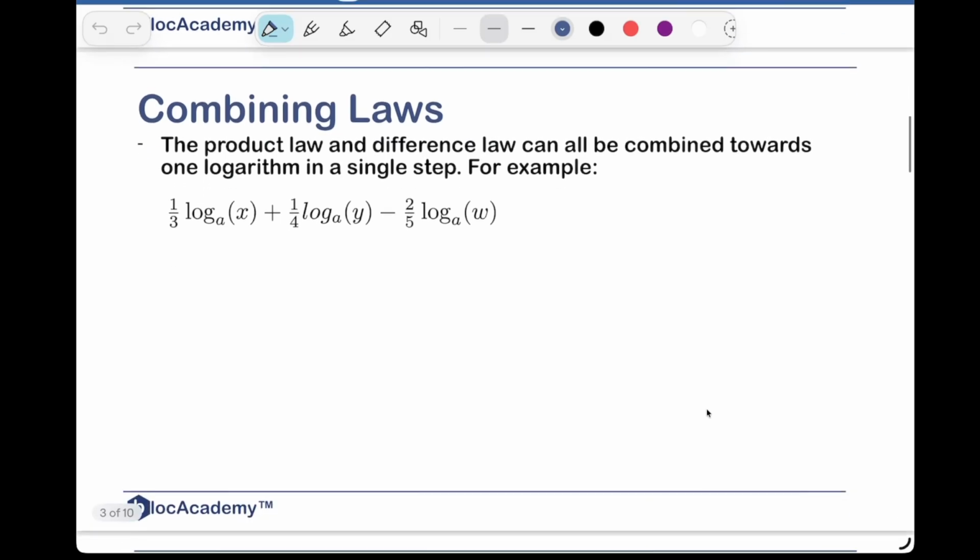So, let's first talk about combining different laws. Our product law and difference law aren't only for two expressions. They can be combined with more than two expressions. So for example, this expression, where they all share the same base, we can rewrite as so.